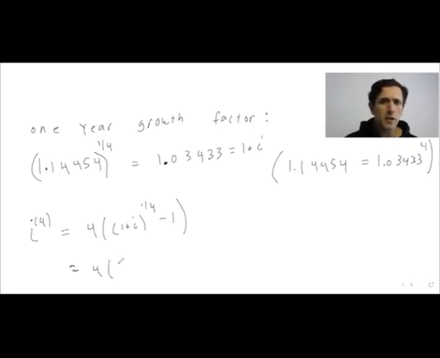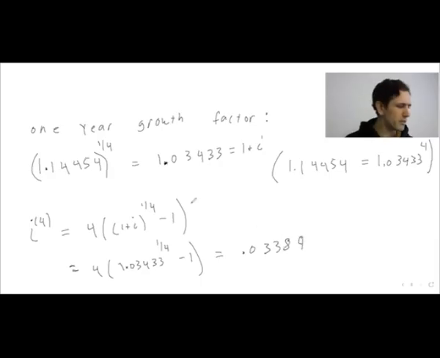So it's going to be 1.03433 to the 1/4 minus 1. And this is going to be 0.03389.